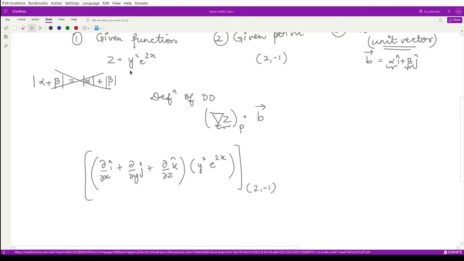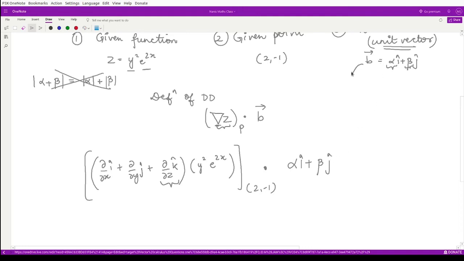Actually here we are in the 2D plane, so it is not required that we take the component del by del z k cap. Even if you take it, there is no difference. So let's take it and solve it. So we have dot b vector, and the b vector is given to be alpha i cap plus beta j cap, right?